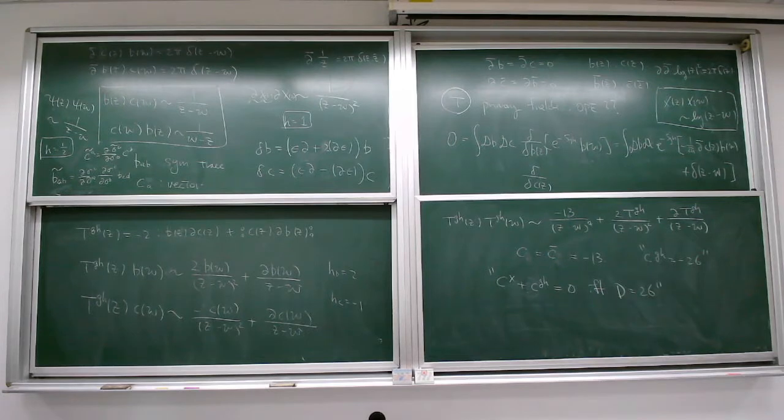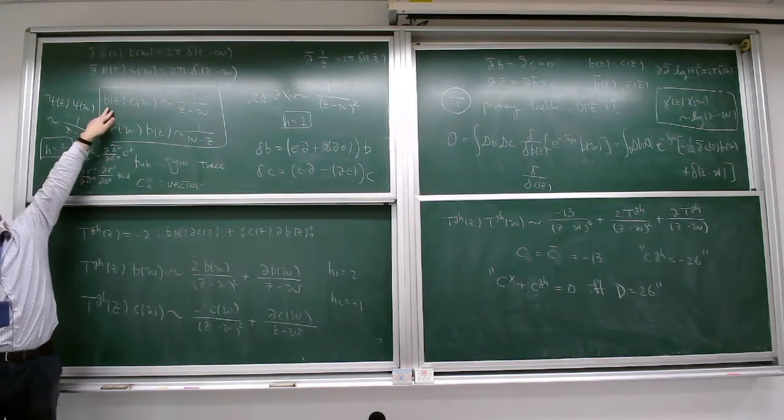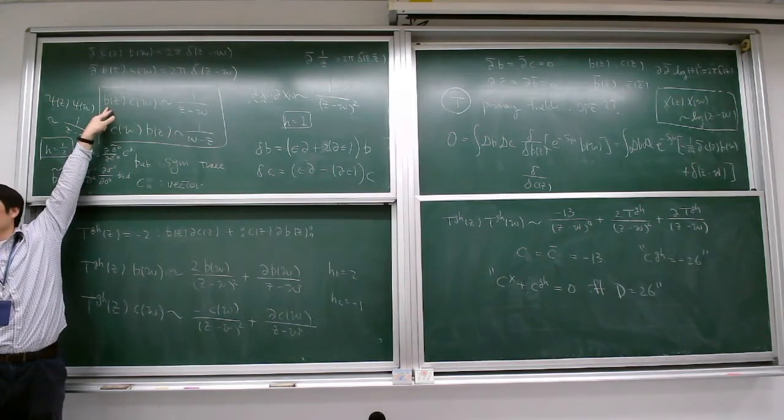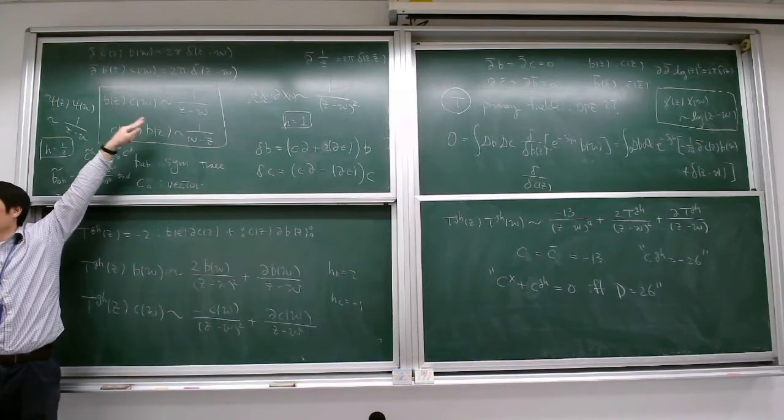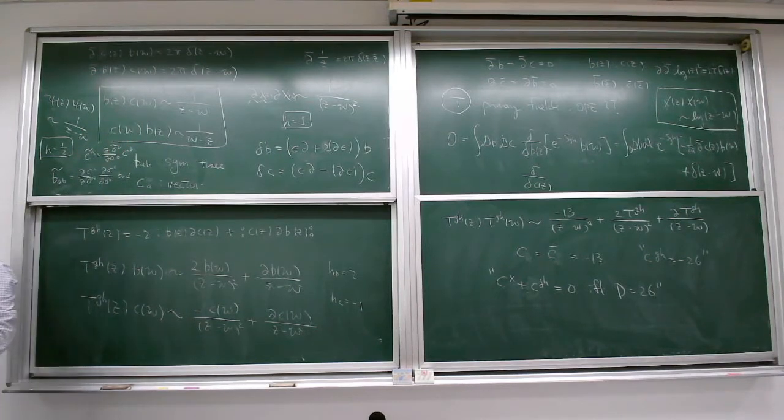And also, one is 2, coming from the symmetric tensor, and the other is coming from a vector. That's one of the reasons. I think from the fact that they are primary fields, we can deduce that they should have the same conformal weight, just like in the third homework. So I'm not sure where it goes wrong.